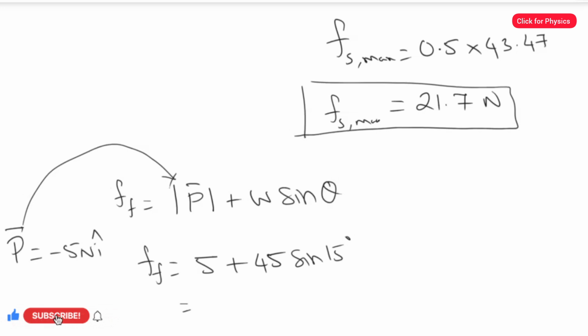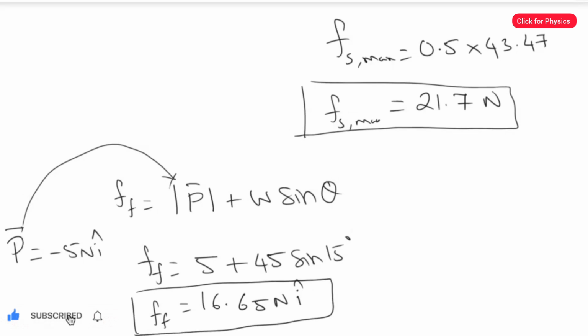Let's see what the answer is. 5 plus 45 multiplied by sine of 15 degree. I got the answer as 16.65 Newton, and we give the answer in unit vector notation with I cap. So after substituting minus 5 Newton I cap, we got 16.65 Newton I cap.